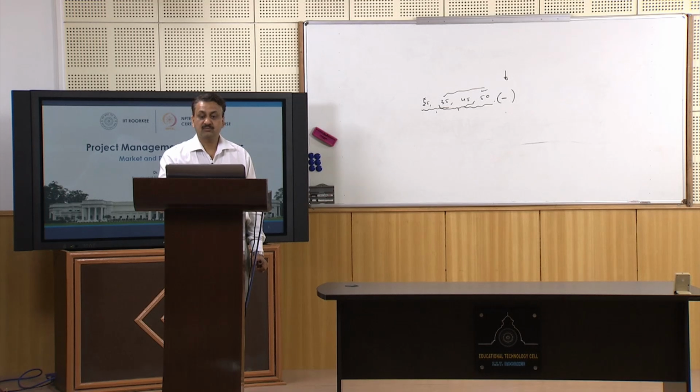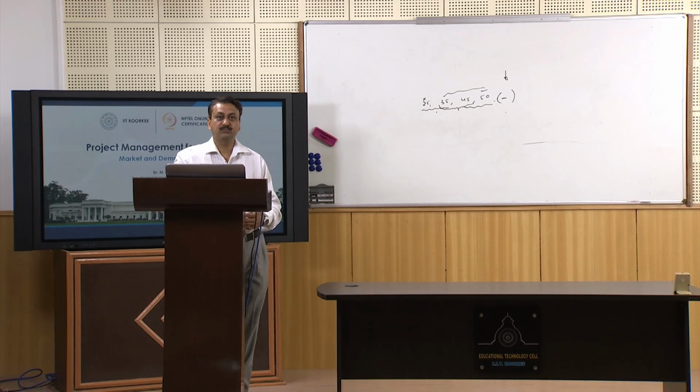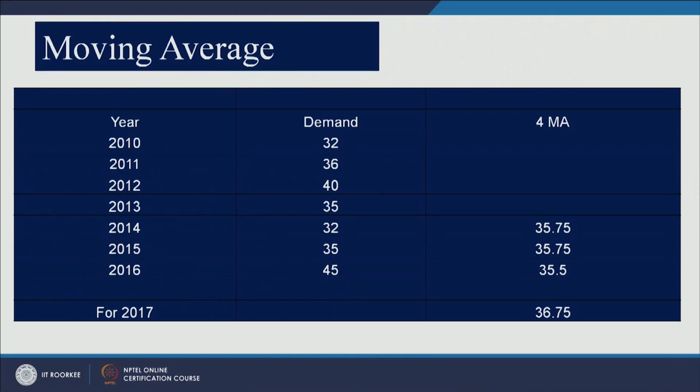What would you do? 4 months are 4 years, it is not month. So, it is good to call it a 4 period moving average, rather than calling it month or year. So, what would be the answer?